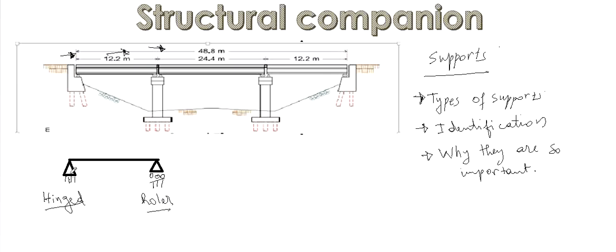Now, the particularity of a hinge support is the kind of reaction we have, the kind of effort you need to determine when designing the bridge. First, a vertical reaction.